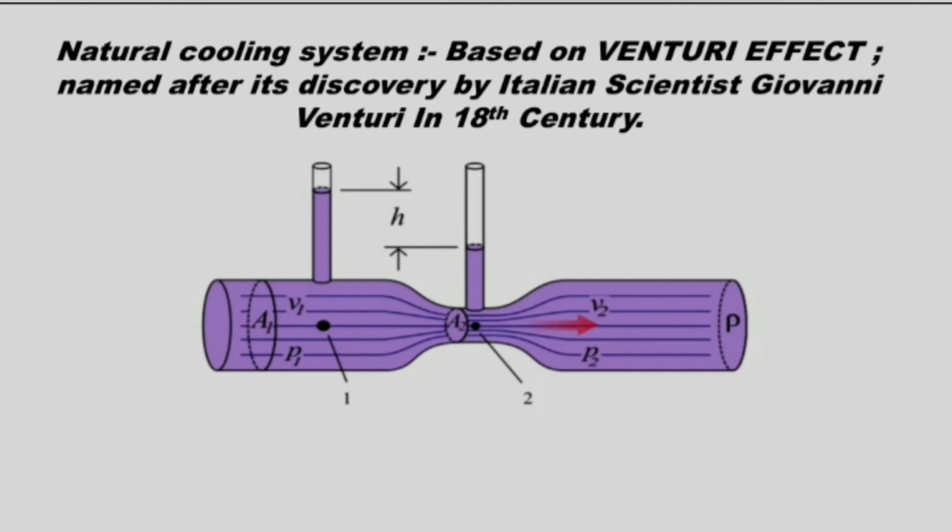Fluid means anything that has the property to flow. So when a fluid passes through a narrow region, its pressure is lowered. Pressure goes on decreasing as it passes through the narrow region.